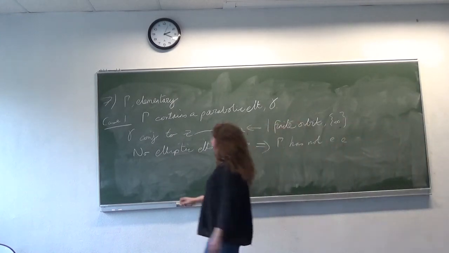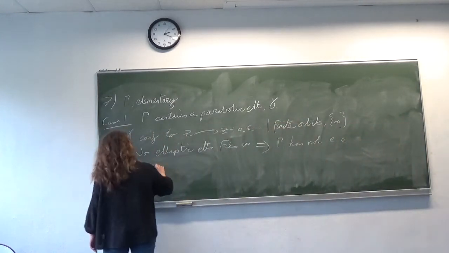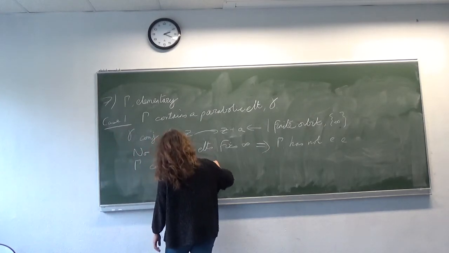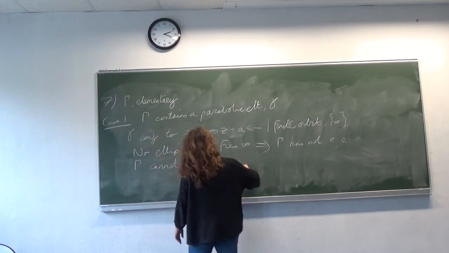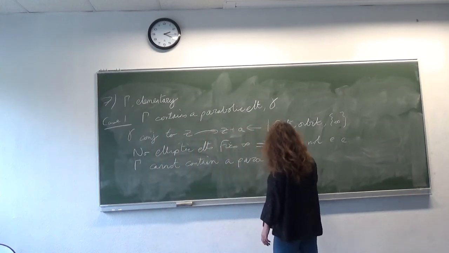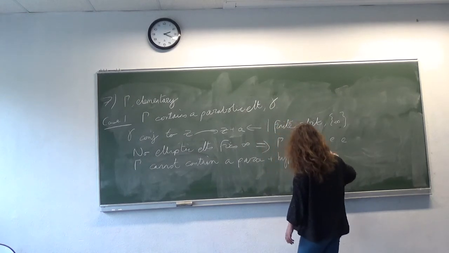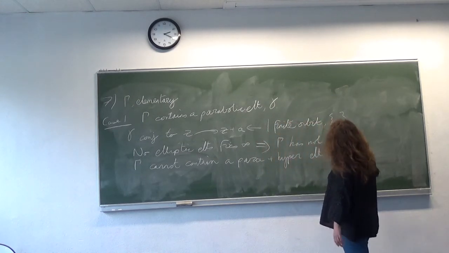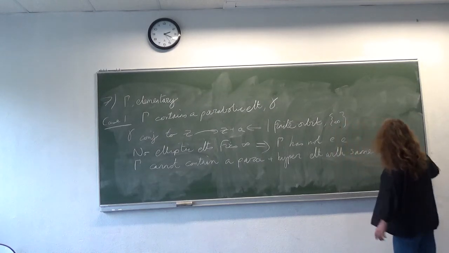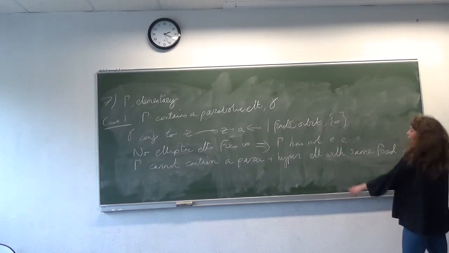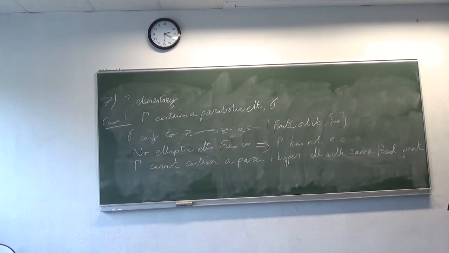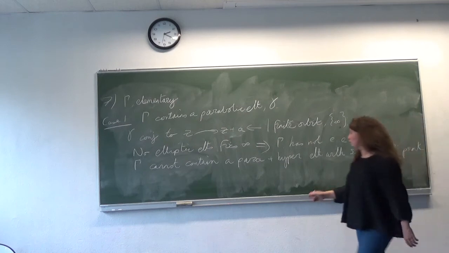And a Fuchsian group cannot contain a parabolic and hyperbolic element with the same fixed point. We already saw that if you had a parabolic and hyperbolic element with the same fixed point, we could generate a non-discrete subgroup using those.